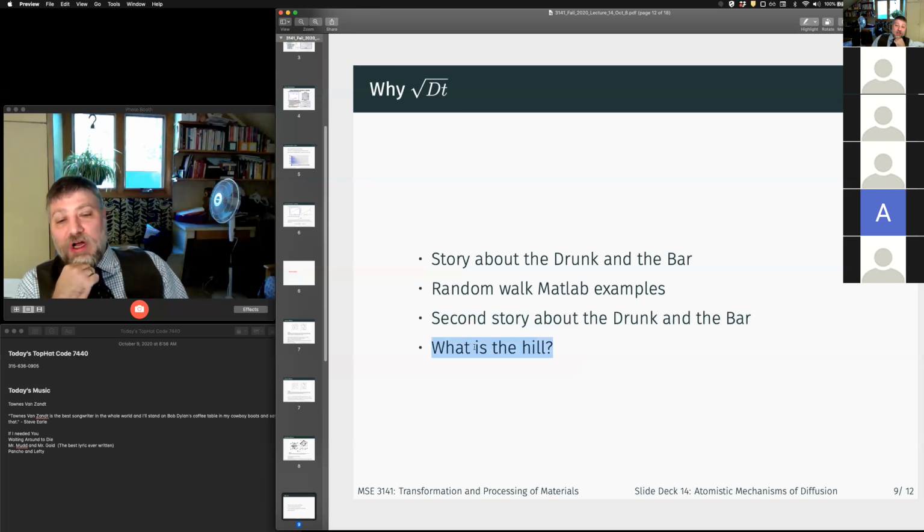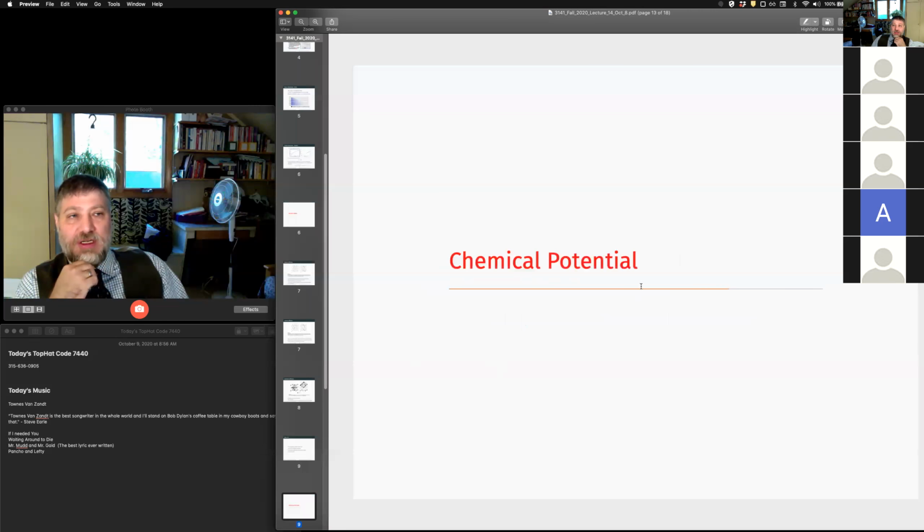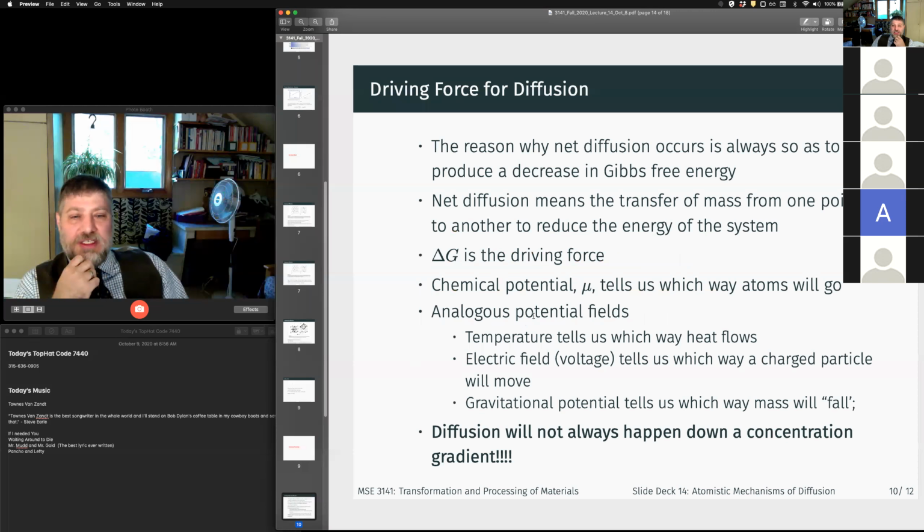So what is the hill? The hill is chemical potential, right? That's going to tell us which way things want to go, right? So on Monday, I'll talk about chemical potential and then talk about interstitial diffusion in some detail.